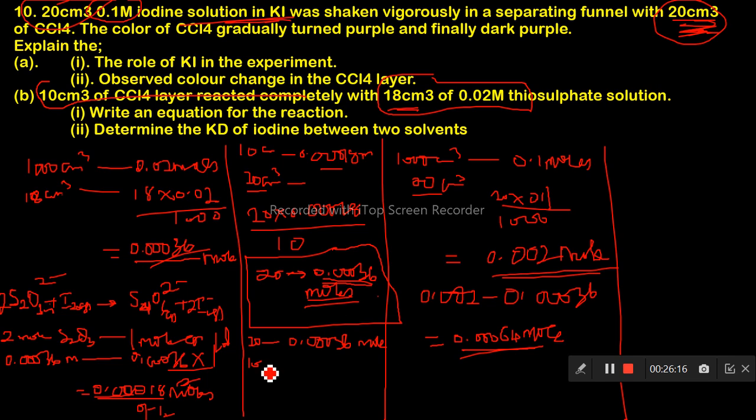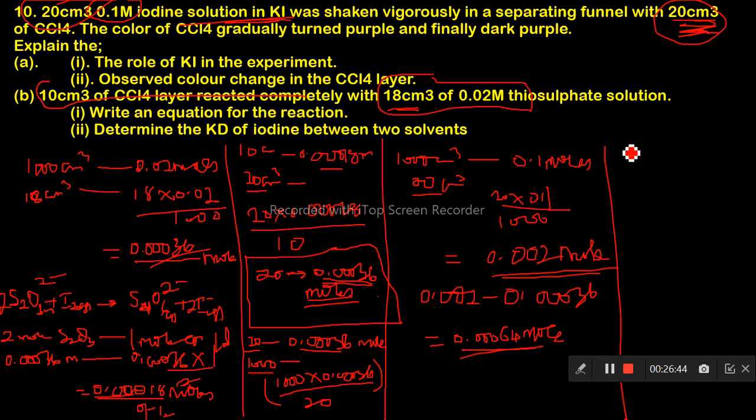What is 1,000? 1,000 will contain 1,000 times this out of 20. So it is 1,000 times 0.00036 out of 20. So what is the answer, guys?